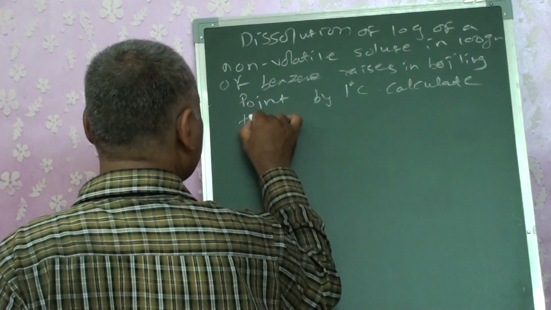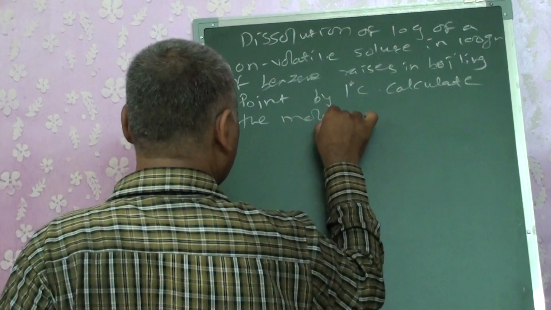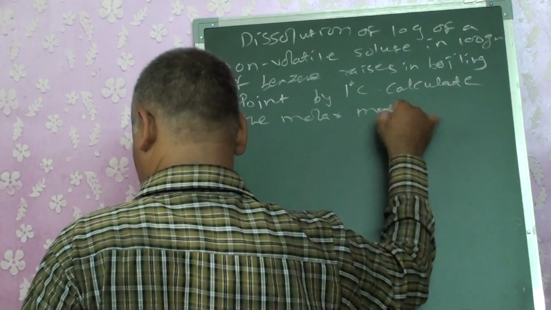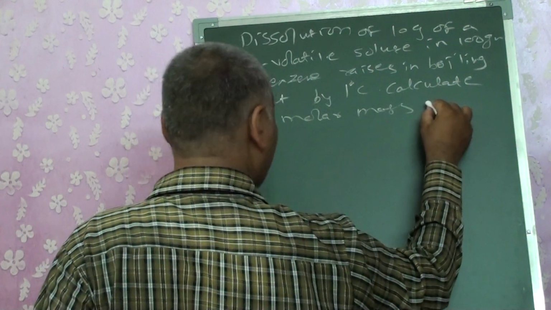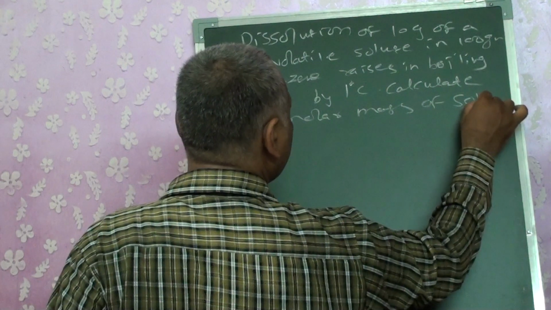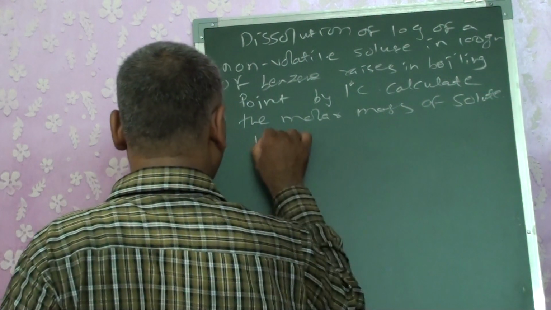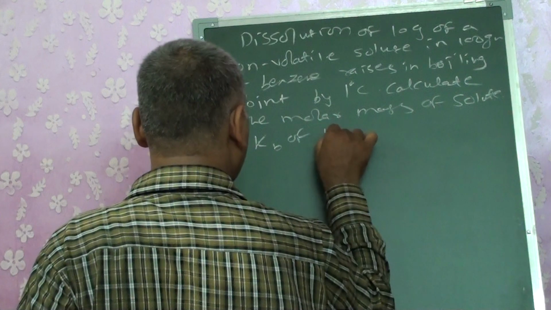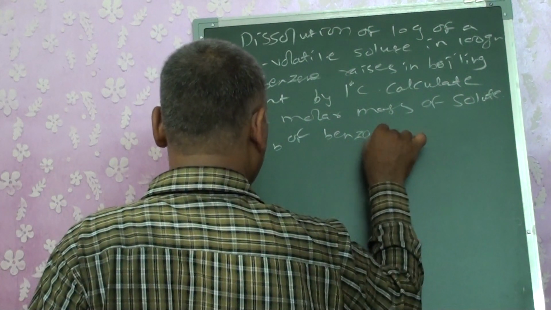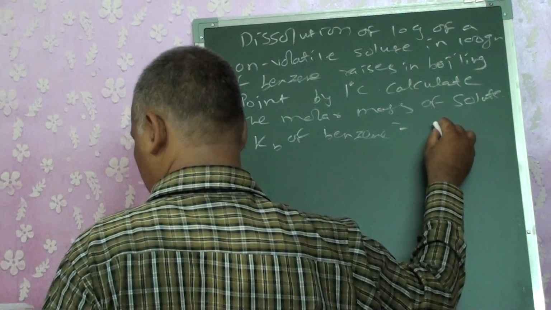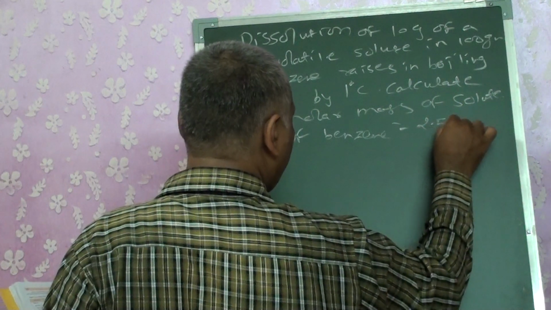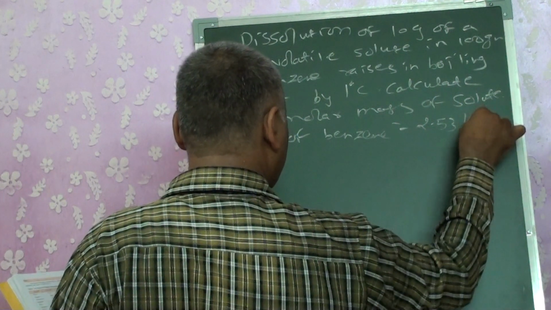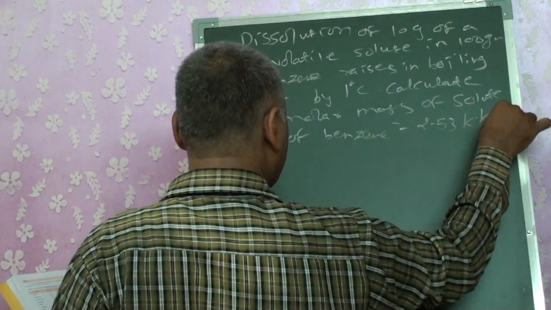Calculate the molar mass of the solute. Kb of benzene is equal to 2.53 kg per mole.